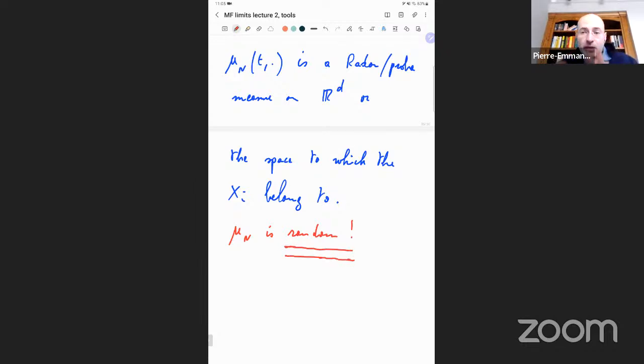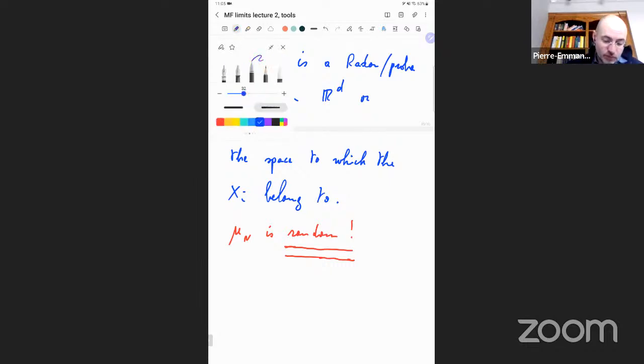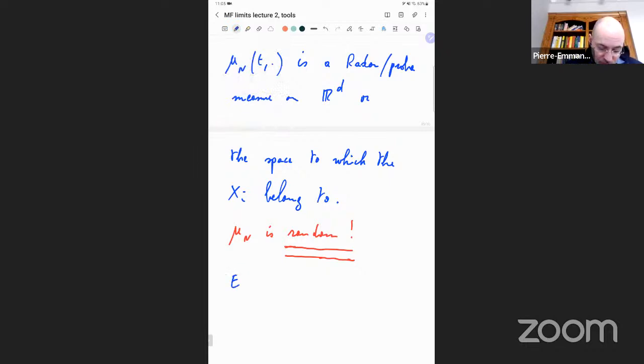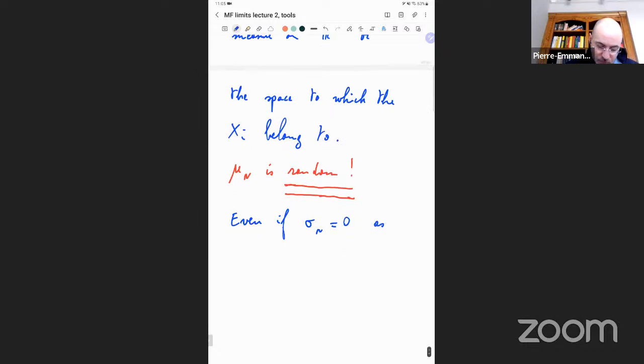And this is independent of whether you have Brownian motion in your system or not, because the randomness of mu n comes at the minimum from the randomness of the initial data. So this is true even if you have no diffusion, so if the system is actually deterministic, because the Xi0 are random. We took them IID.